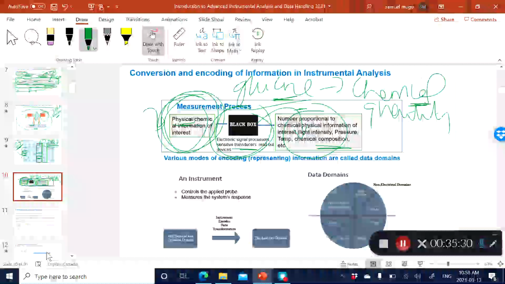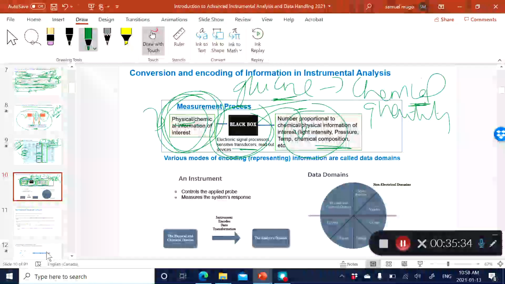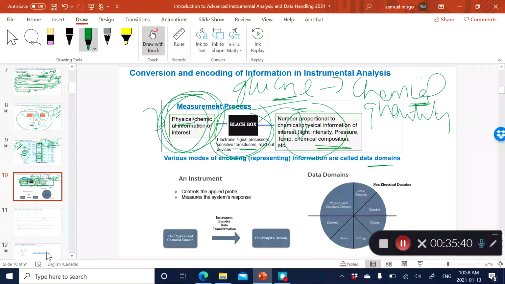So what the components of the instrument do is to convert this information, using the so-called data domains, that is, to encode the information and convert it into different data domains. So the physical quantity can be converted to an electrical quantity that the instrument can handle. And then the instrument later on converts the electronic quantity again into a physical quantity, which is what you're referring to as the analyst's domain here.